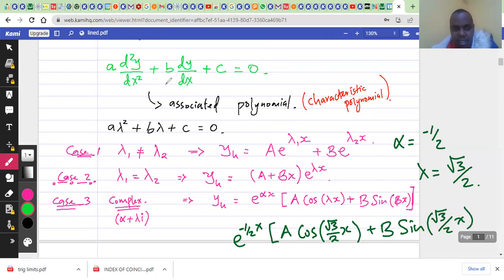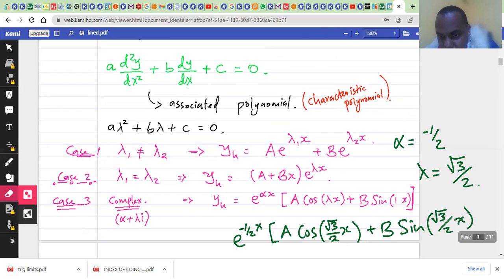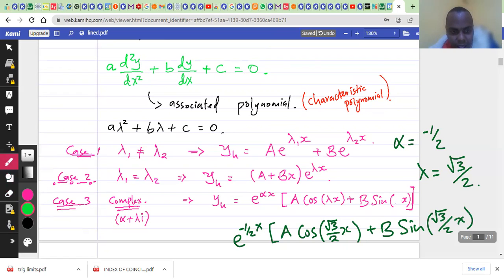Oh, another small mistake. This shouldn't be B in the cases. It should be lambda.